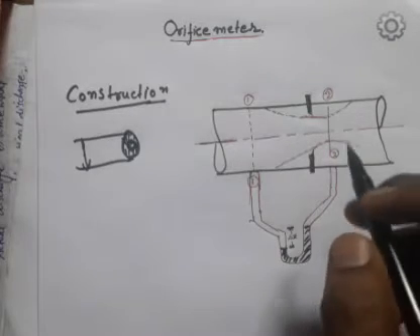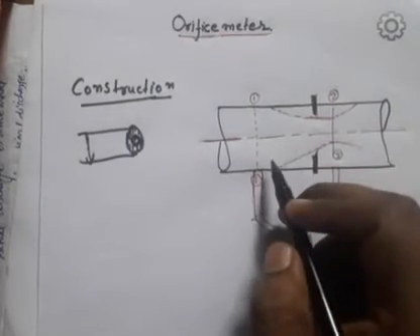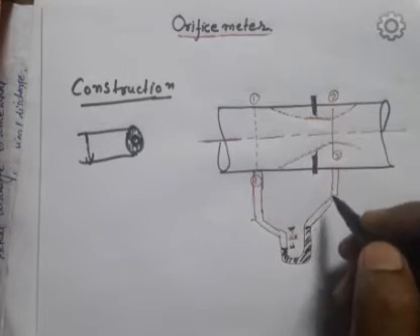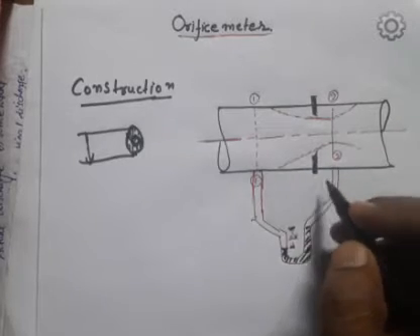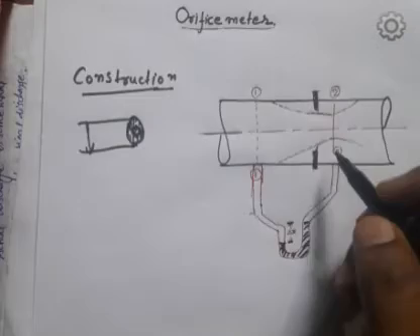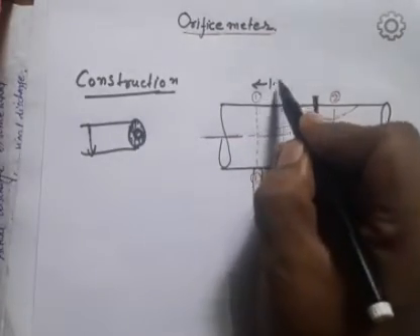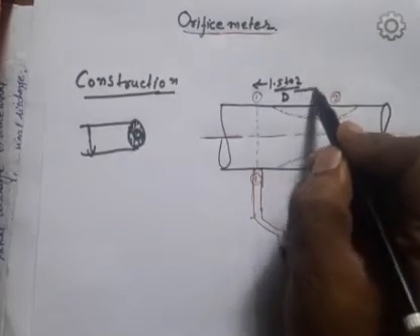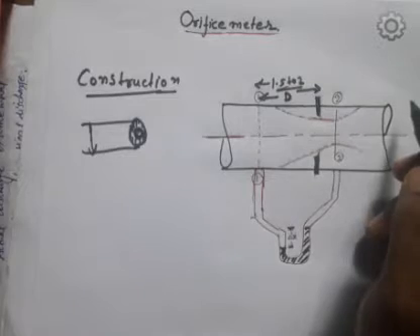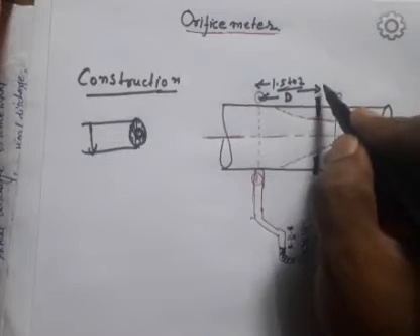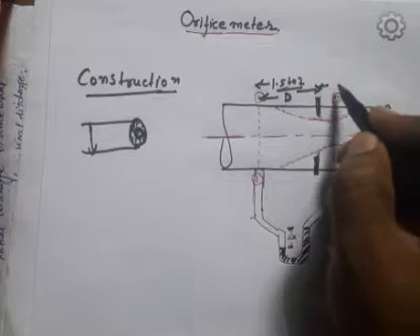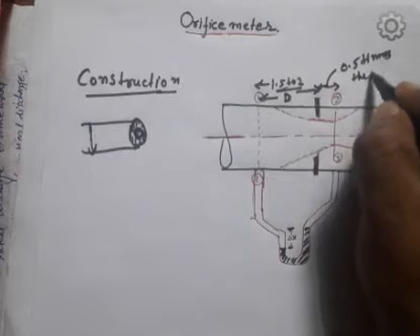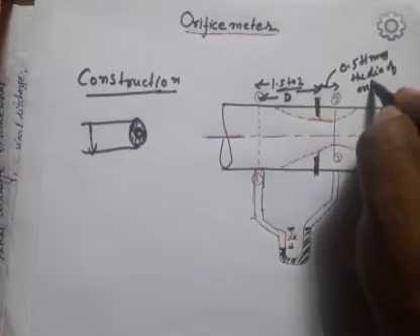A differential manometer is connected to this measuring device. Section 1 is taken at 1 or 1.5 to 2 times the diameter of the pipe from the orifice meter, and section 2 is taken at 0.5 times the diameter of the orifice plate.